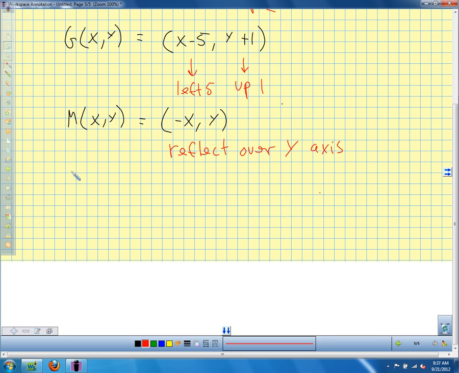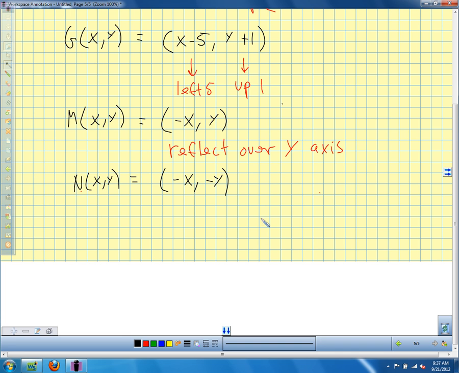And then what about x, y to minus x, minus y? What does that one do? So it reflects over x and y.